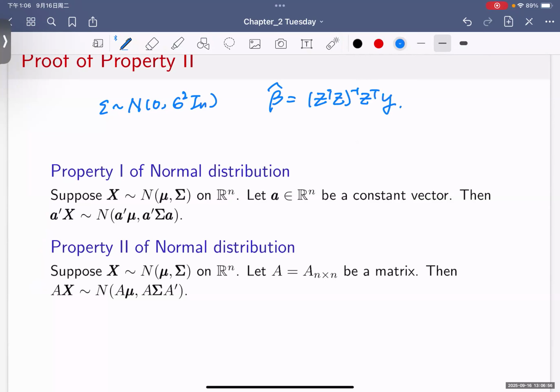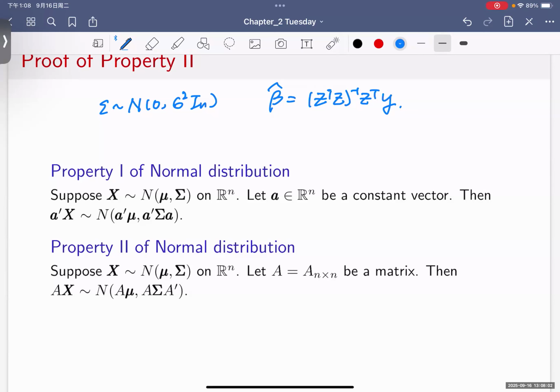You can think about how to build the connection with these two properties to find the distribution of beta hat. You don't need to compute the result exactly, but think about which properties you will use here.